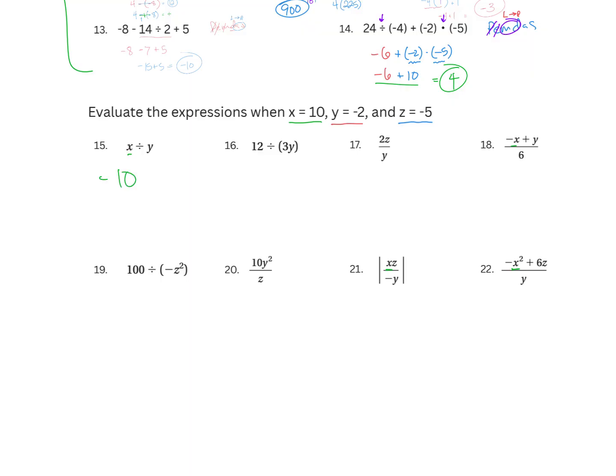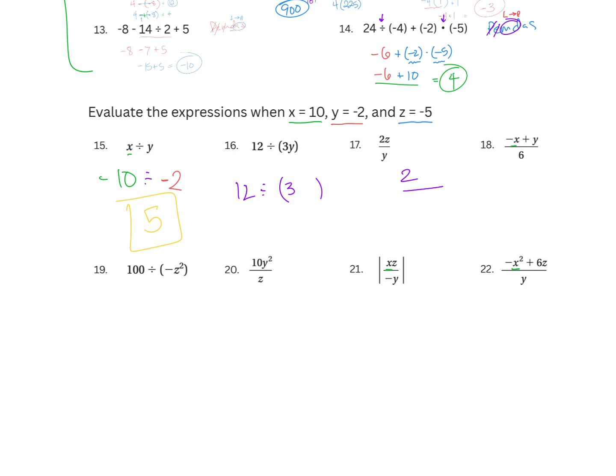Negative 10 divided by negative 2. Same signs. Negative divided by negative. 5. And 16, we have 12 divided by 3y. Well, that 3, I'm going to try and keep everything original in purple, right? And then y is negative 2.